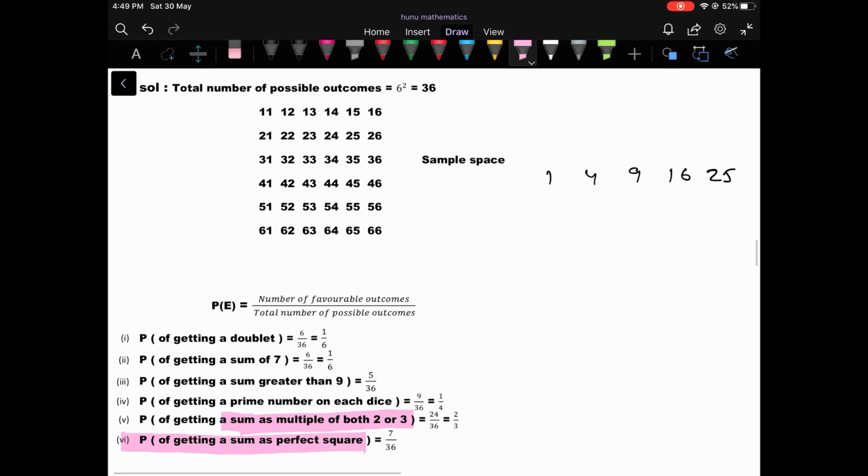So let's get the sums which are perfect squares. 1 plus 3 equals 4, 2 plus 2 equals 4, 3 plus 1 equals 4, 3 plus 6 equals 9, 4 plus 5 equals 9, 5 plus 4 equals 9, 6 plus 3 equals 9. So altogether we have 1, 2, 3, 4, 5, 6, 7. So the probability is 7 by 36.